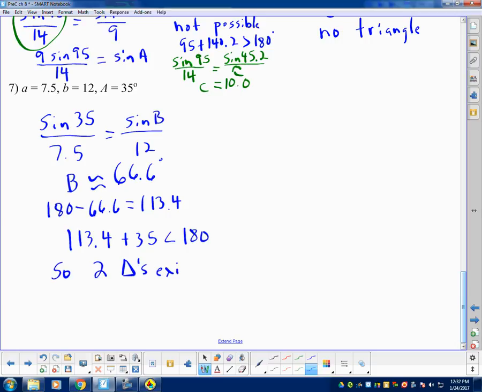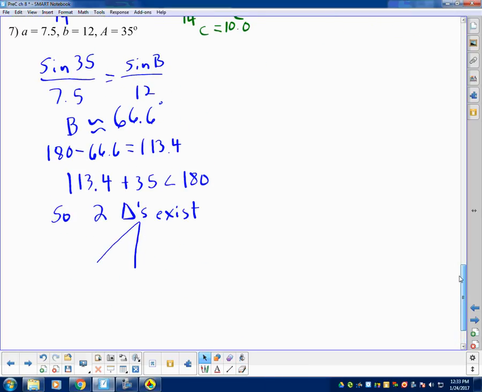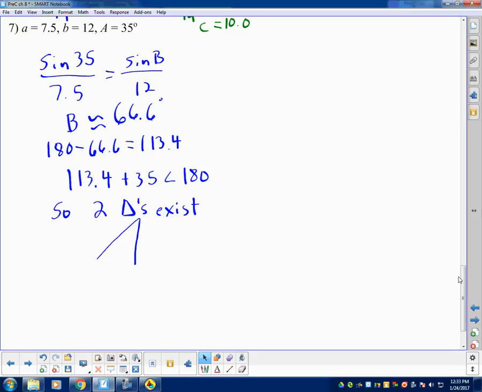This is the ambiguous case with 2 triangles. So let's run through and get all 3 angles and all 3 sides here and see if we can maybe draw a picture. So if I were to draw a picture on this one, it might look something like this. Here's a 113. I'm gonna make that bigger. It's got to be obtuse. Let's make it a little more obtuse than that.